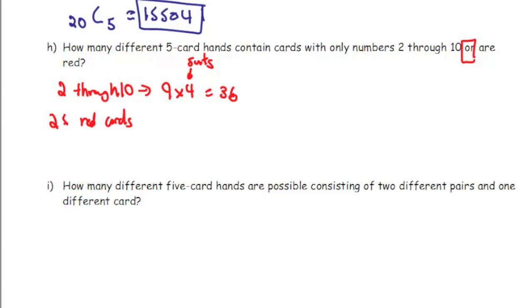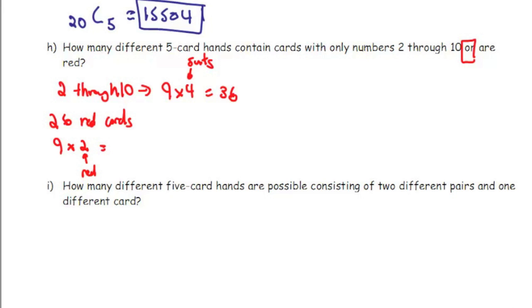But there's more. We also said or are red. Well, we know that half the deck is red, which means there's 26 red cards. However, I'm hoping that this is raising some concern to you, because what the heck is going on here? Some of our 2 through 10s could be red. How do we deal with that?